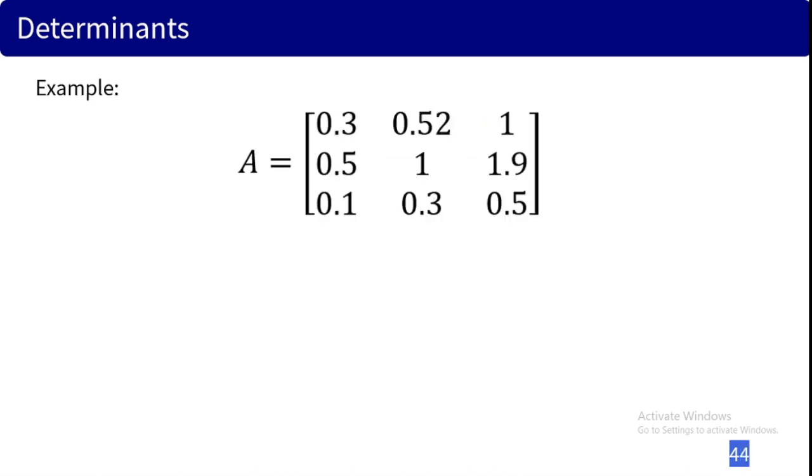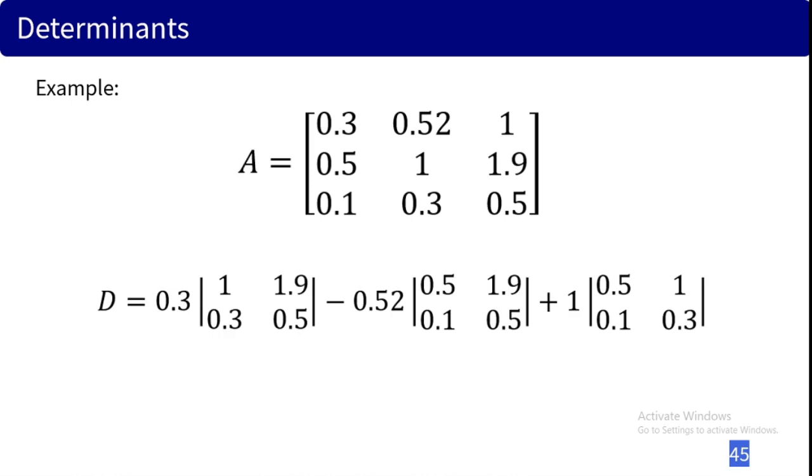This is a 3 by 3 matrix, and we will get the determinant of this matrix. Using the expression in the previous slide, this is how we will get the determinant. 0.3 is multiplied by this minor, minus 0.52 is multiplied by this minor, which has 0.5, 0.1, 1.9, and 0.5, and lastly, the last term is 1 multiplied by this minor.